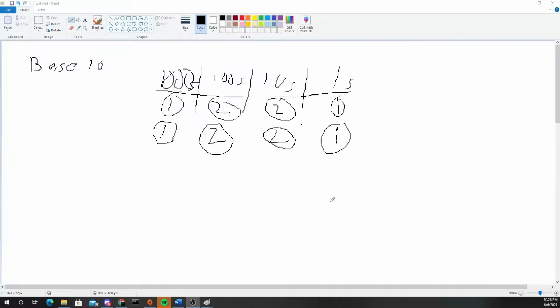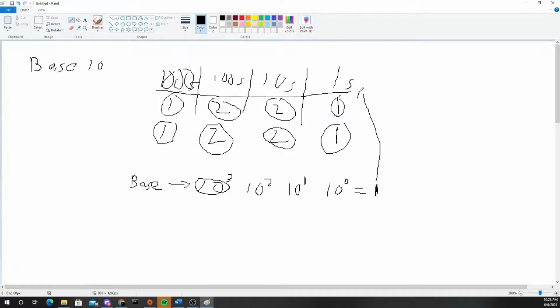So where does the name base 10 come from? If we draw some exponents here, some numbers with powers, 10 to the 0, 10 to the 1, 10 to the 2, 10 to the 3. Well, for a number to an exponent, the number below the exponent is known as a base. So, for example, we know that 10 to the 0, or really anything to the power 0, is always going to be 1.